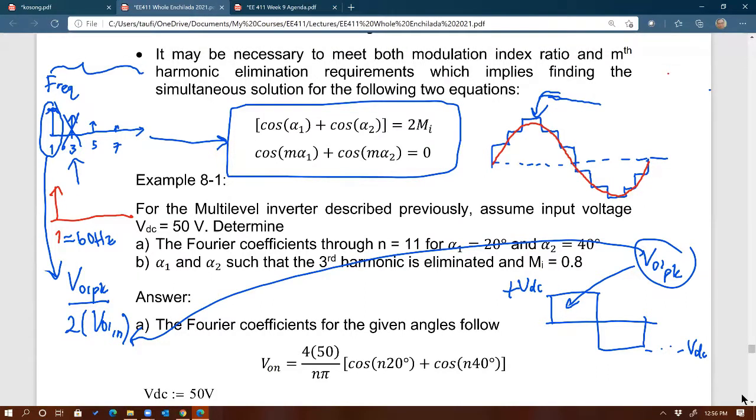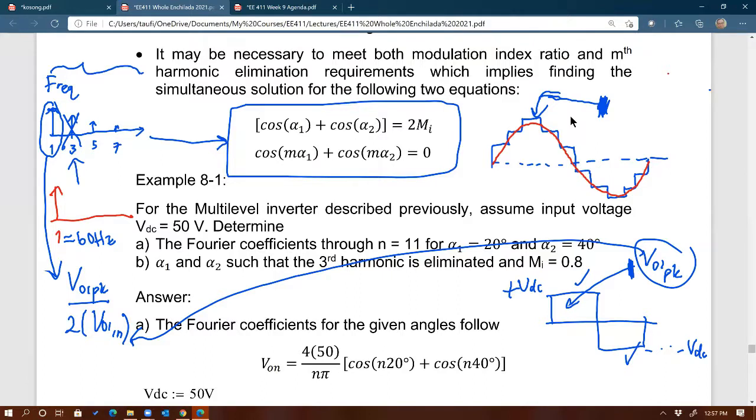Oh, I see. And the sine would go underneath it, because it would have to be underneath the source. So it's that ratio of the peaks. Yeah, you are comparing the peak of the fundamental component of the actual output, which has multiple levels, to the input, which has only 2 levels, 1 and 2.